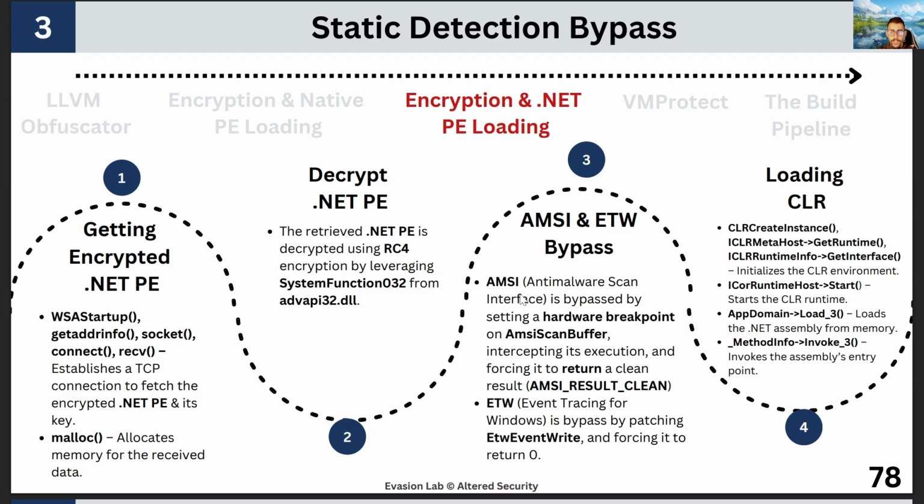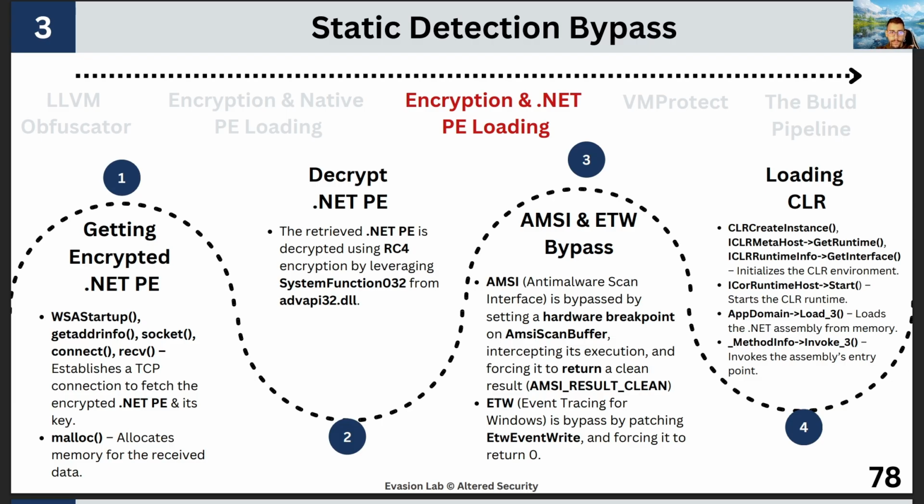Bypassing AMSI involves setting a hardware breakpoint on AmsiScanBuffer, which is the function responsible for scanning the payload, intercepting its execution and modifying its return value to AMSI_RESULT_CLEAN, which makes it appear as if the PE is safe.